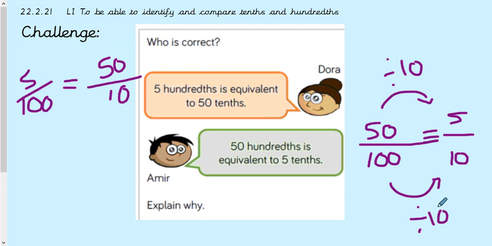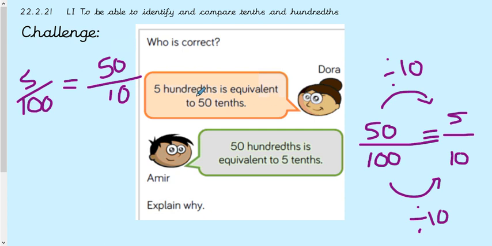So therefore it must be the same. So if you do 50 divided by 10, which is 5, and then 100 divided by 10, which is 10, it would be 5 tenths. And again, if you drew a 100 grid, you would have 5 rows of tenths coloured in, and that's also 50 hundredths coloured in, if that makes sense.